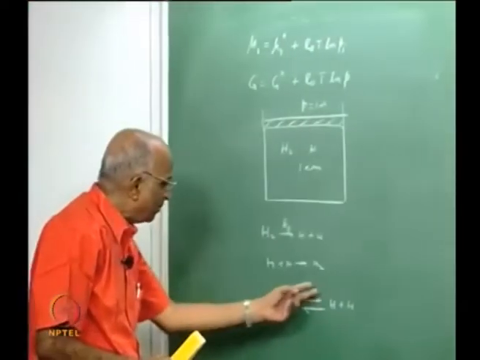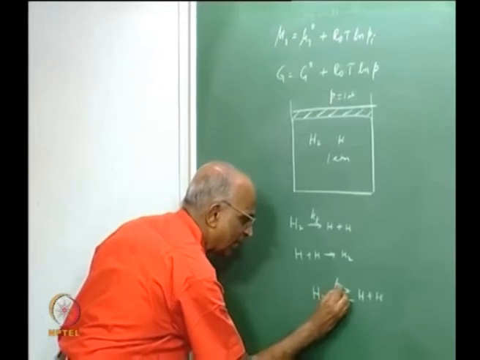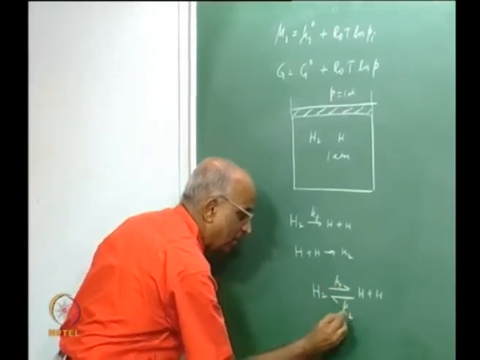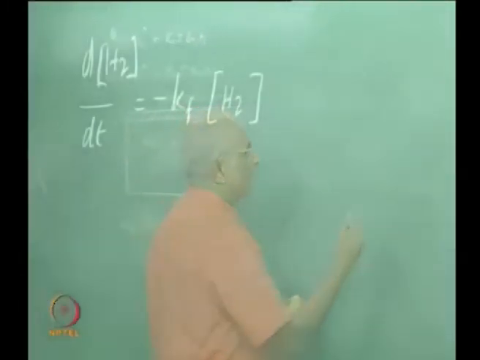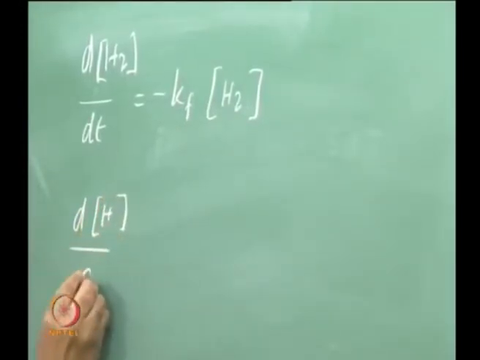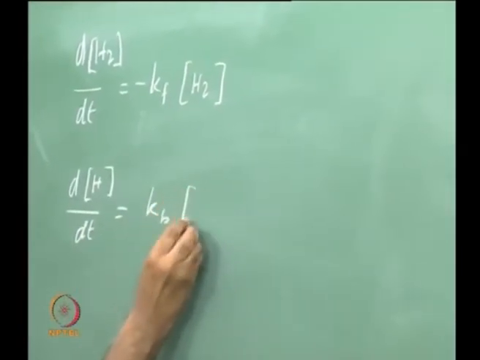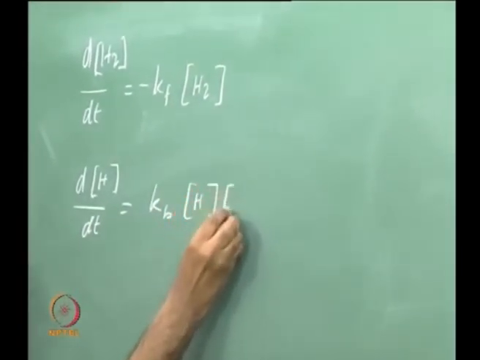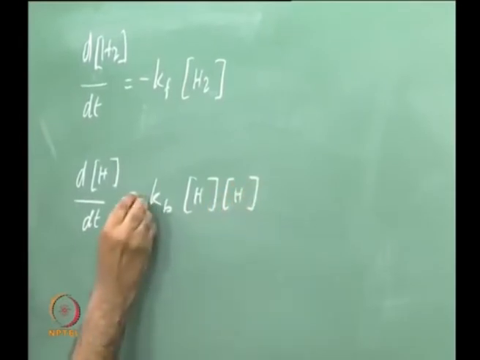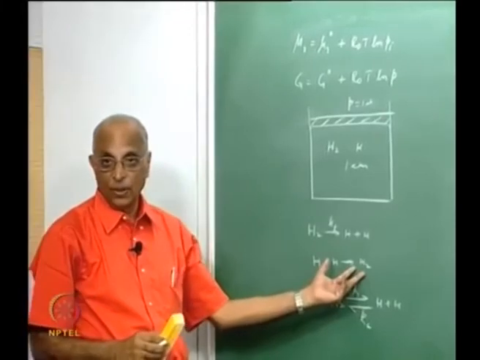I want to write the same equation for the reverse reaction. Forward reaction is kf, backward reaction is kb. I can write the rate at which dH changes with respect to dt goes as kb into H into H, and mind you, according to this reaction this also keeps decreasing.